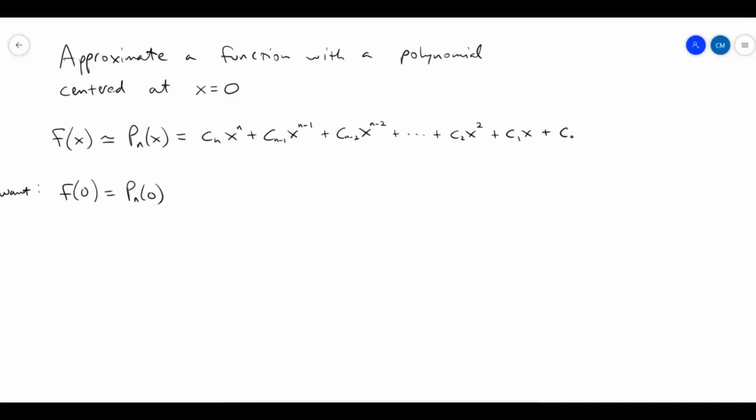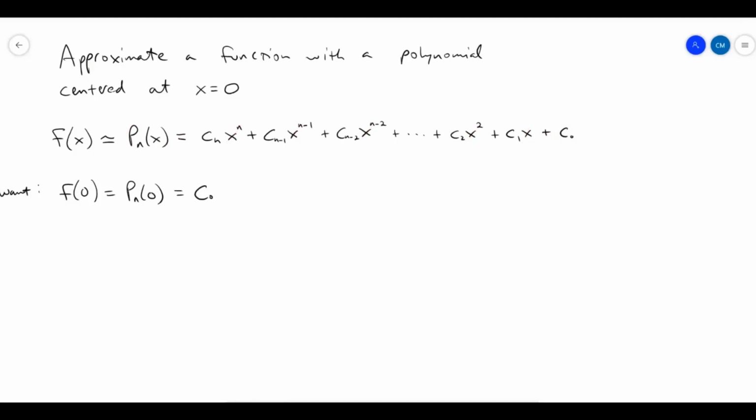Well, what's Pn of 0? So if you look at it, what is Pn of 0? If I plug in 0 for this polynomial here, that means all of these are going to be 0, right? All the x's are going to be 0, but this one isn't, since it doesn't have an x with it. So what is Pn of 0? It's the constant term. It's c naught. So that means that we've identified our first coefficient.